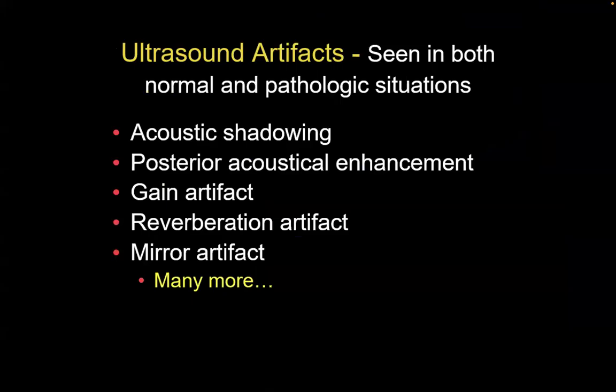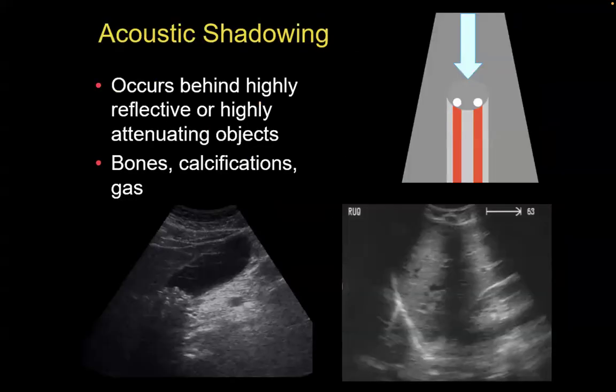There are also what are called ultrasound artifacts when scanning, and these can be seen in normal or pathologic situations. There are lots of artifacts out there, but we'll talk about them on a case-by-case basis. Just to talk about a few of the more common ones, there is an artifact called acoustic shadowing.